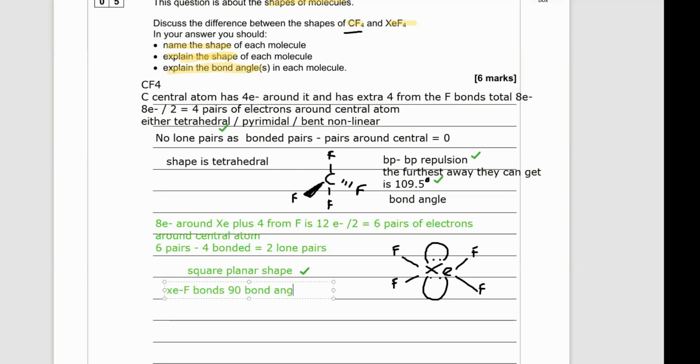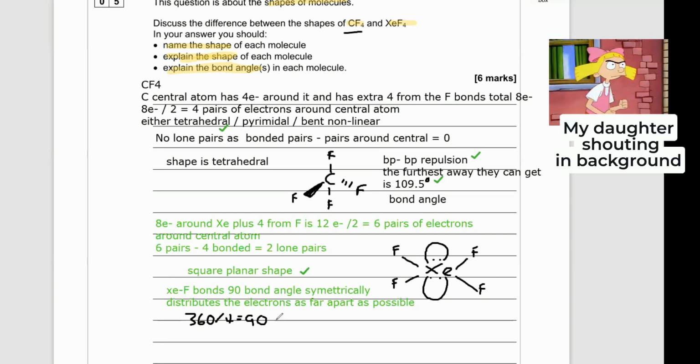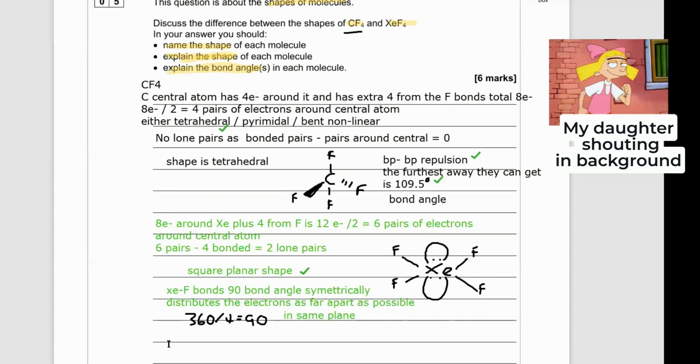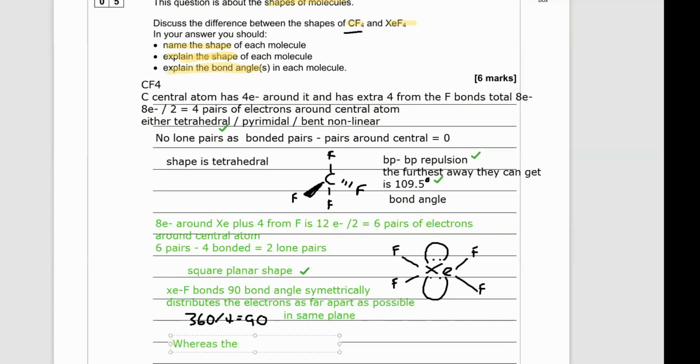We do need to know that the bond angle of the Xe-F bonds, the bonds between the fluorine and the xenon, are 90 degrees, and these are symmetrical. So they're all in the same plane, which is a 360-degree plane, divided by 4, they're 90 degrees each. They get as far apart as possible. However, there's greater repulsion between the two lone pairs. So each lone pair is 180 degrees apart from each other.